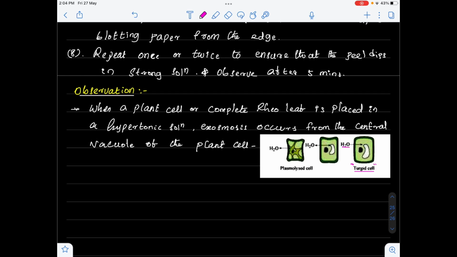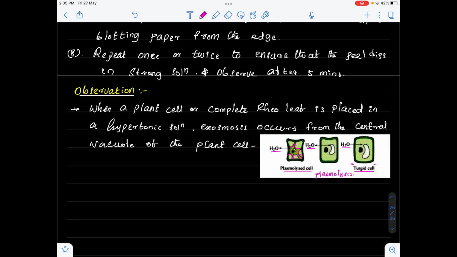There is a loss of water from the vacuole, so it results in shrinking of the cell, by exosmosis, and this process is called plasmolysis. Here all the cytoplasmic contents along with the cell membrane move away from the cell wall, so this is called plasmolysis.